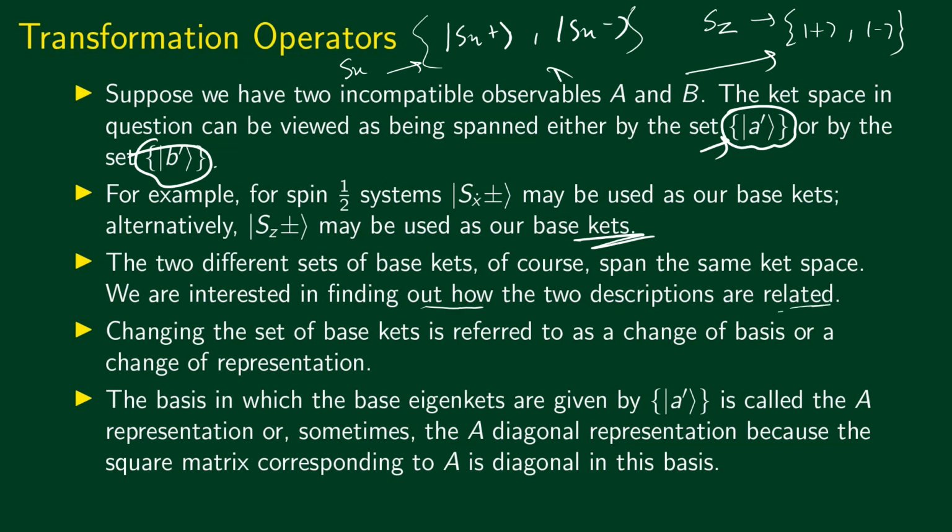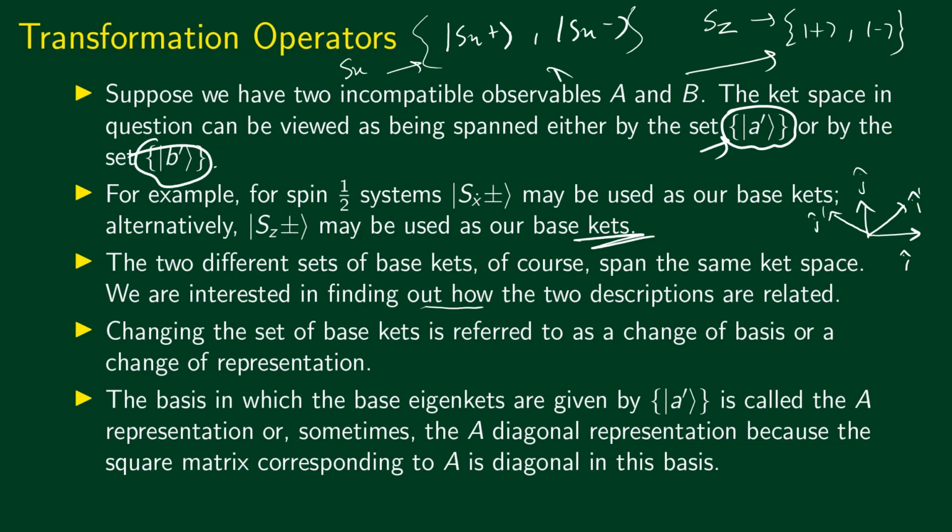We are familiar with such things from the usual Euclidean vector space. For example, in a two-dimensional Euclidean vector space, we could choose these two directions as i hat and j hat, or we could use two other orthogonal vectors as the basis set, let's say i prime and j prime. We are still talking about the same two-dimensional space.